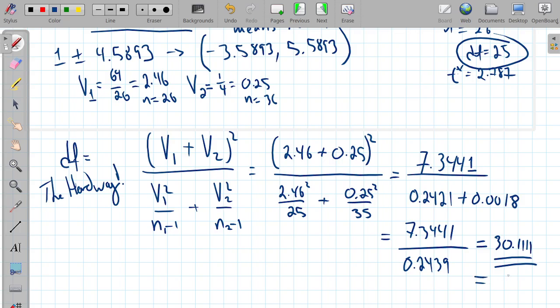You never want to claim more information than you're entitled to. So we get 30 degrees of freedom the hard way. So these two methods will very rarely ever match up. And sometimes they can be quite far apart. Here, the difference isn't too much. Okay, let's move on.